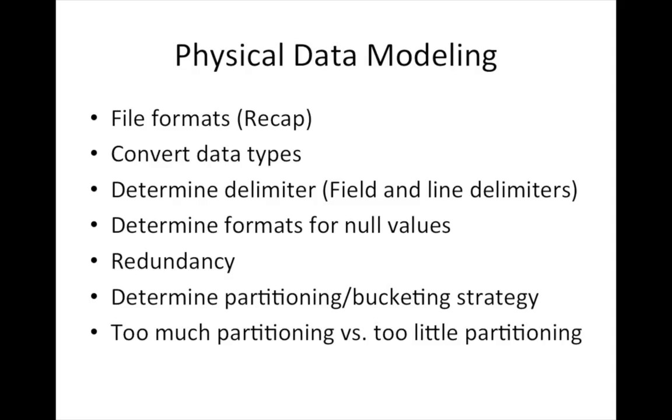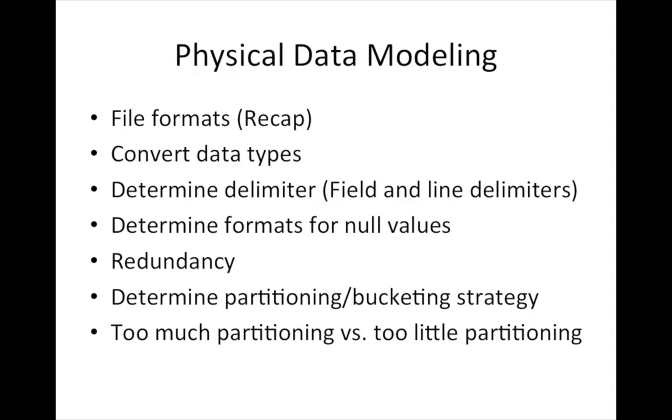The line delimiter is the newline character by default, but if you want to define some other delimiter, you have to define it as part of your create table command. You might also have to determine formats for null values. You can go through the documentation for reference.